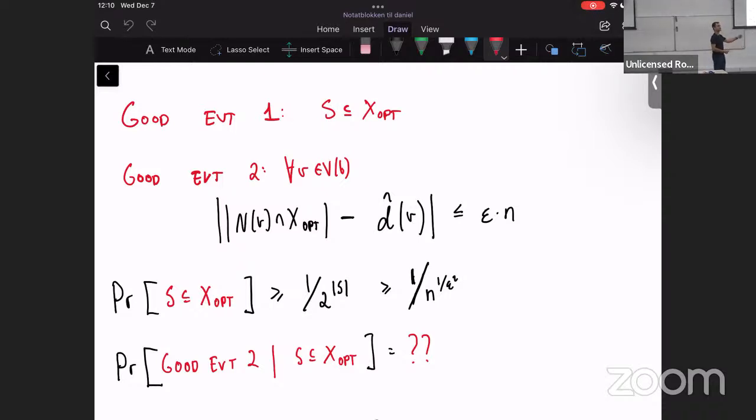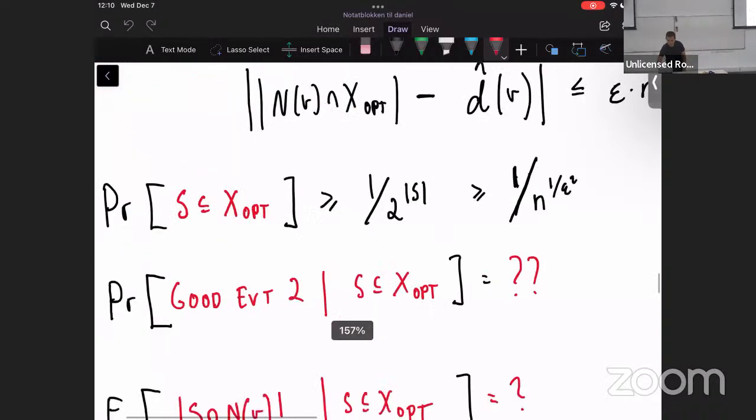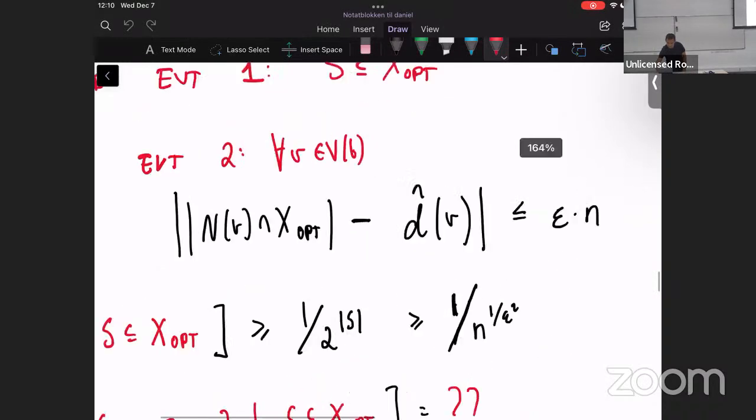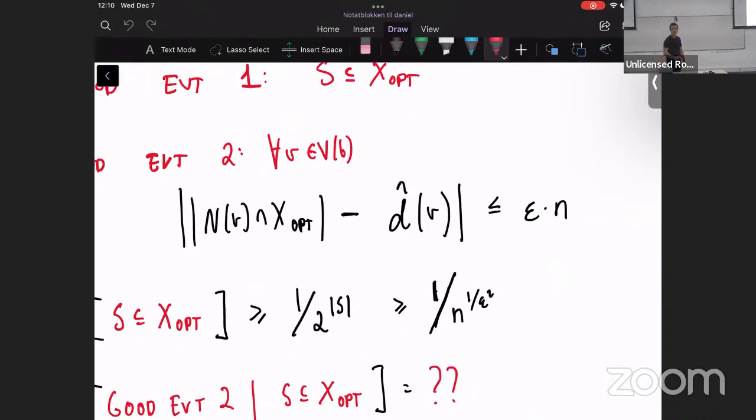So a way to rewrite good event 2, which is that all of our estimators are accurate, is saying that for every v, S intersection N of v was close to the expected value of S intersection N of v.